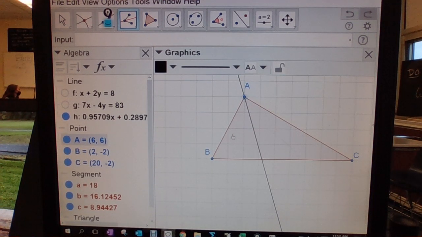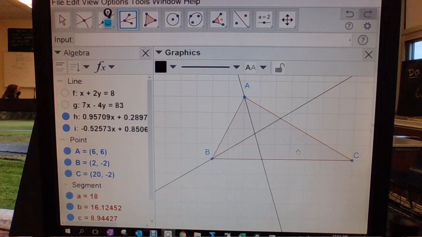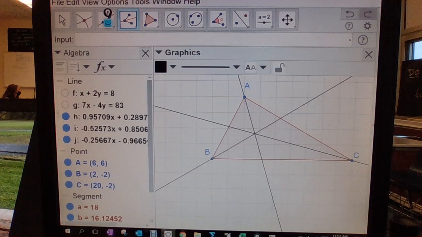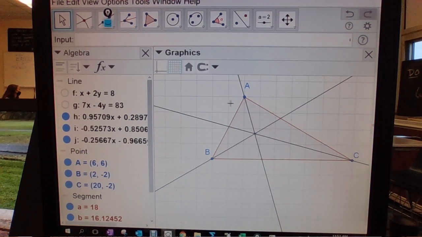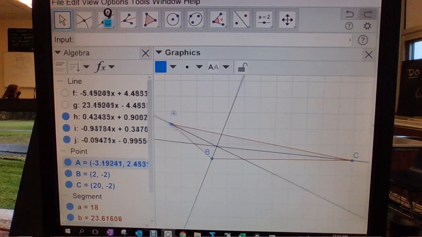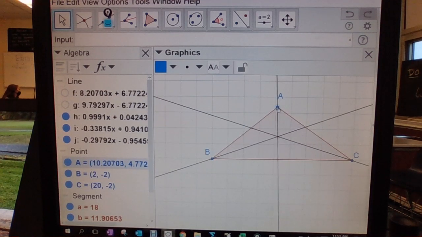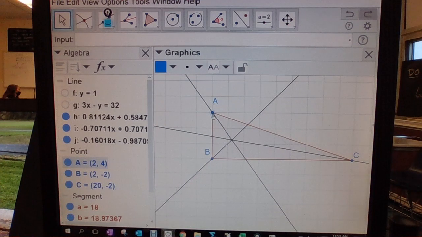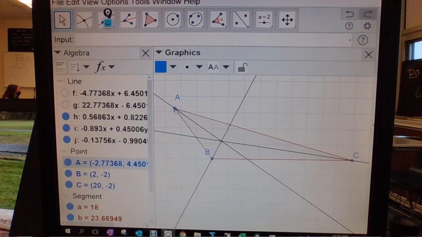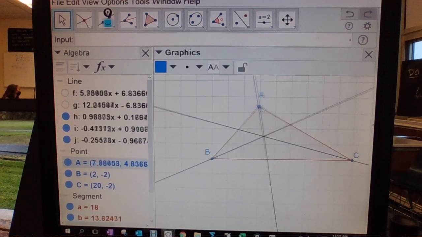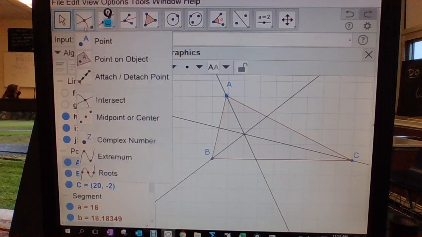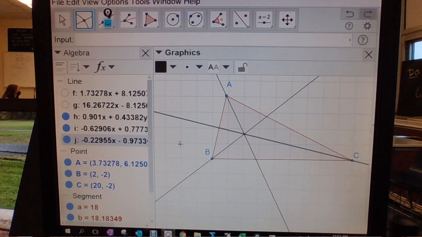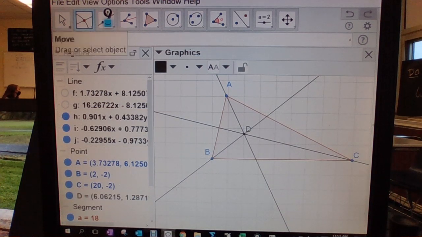If I do the same thing for ABC, and then do the same thing for ACB. Okay, we get this point right here, no matter what my triangle looks like. If it's acute, now it's right, and now it's obtuse, what is that telling us about that point right there? It's always on the inside. So whatever we're going to call this point in a moment, it's always going to be on the inside.